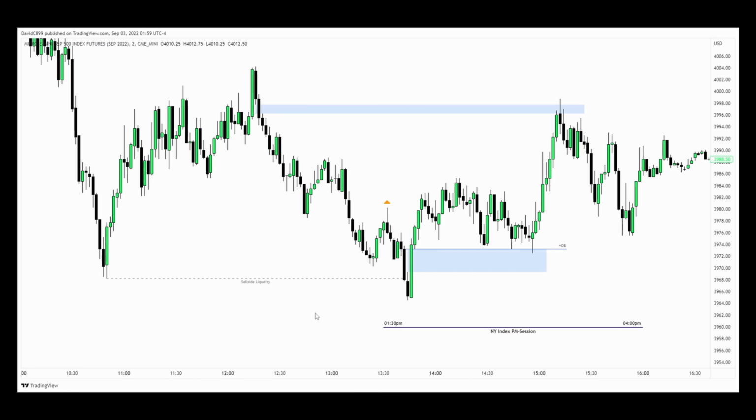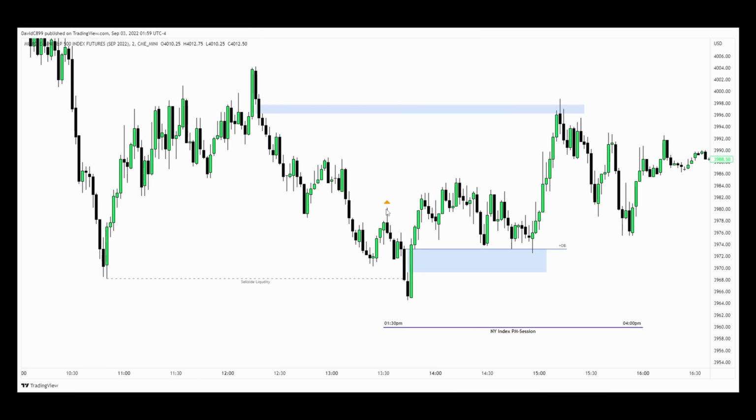In here, of course, we are looking for long opportunities after a sell side liquidity raid. We can see that here market traded lower, raided this short-term low with sell side liquidity below it, and from there price is pushing aggressively higher with displacement, violating this intermediate term high.